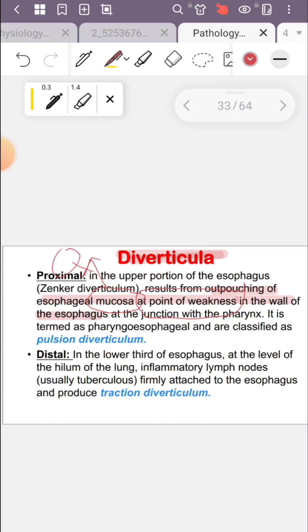We called this pulsion. Why? Because of uncoordinated muscle movement or increased intraluminal pressure. Pulsion means a force from inside the lumen pushing the mucosa outside.